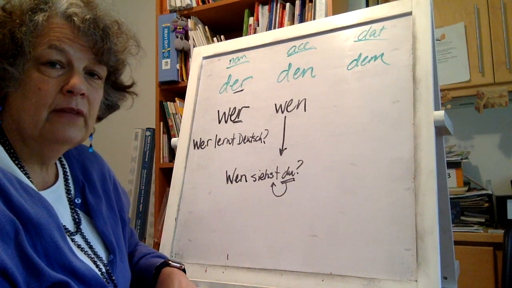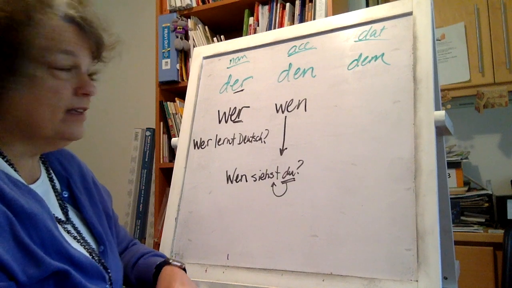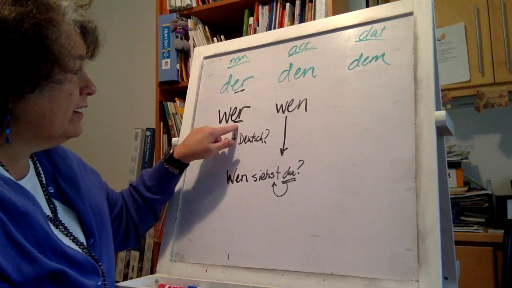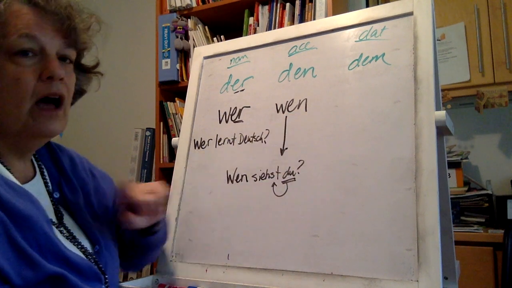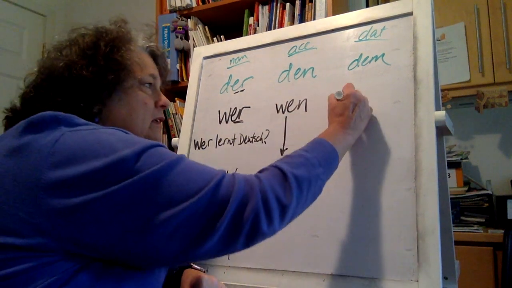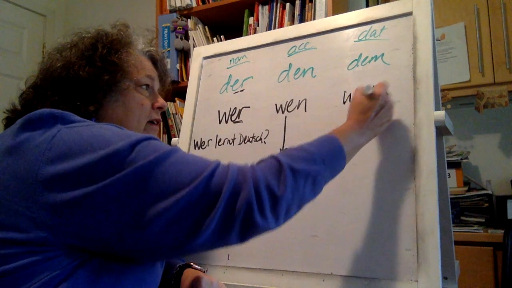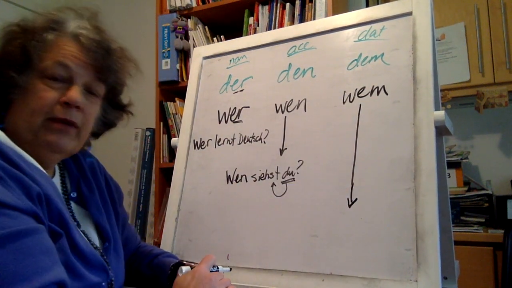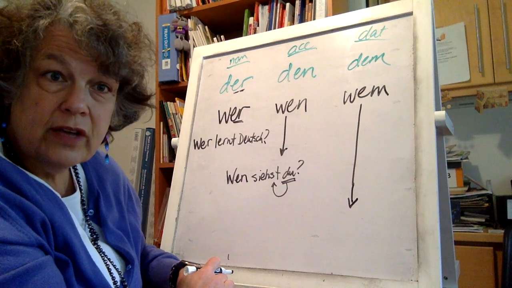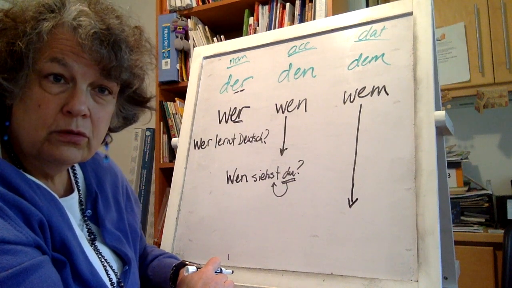Okay? Now, I bet you can see where I'm going with this, right? If der looks like wer, and den looks like wen, what do you suppose this one's going to be? You're too smart. Wem.